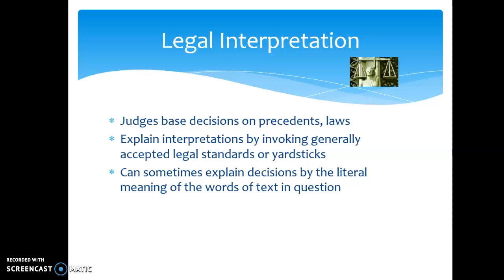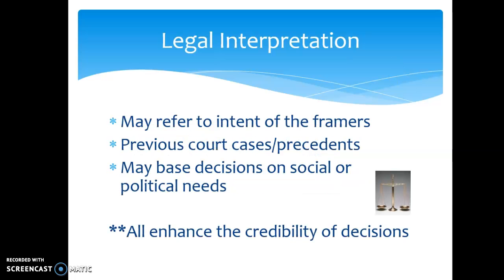In other words, judges making judicial decisions today have to base it on precedent. There has to be some kind of rationale or consistency in terms of how they see and interpret the law.